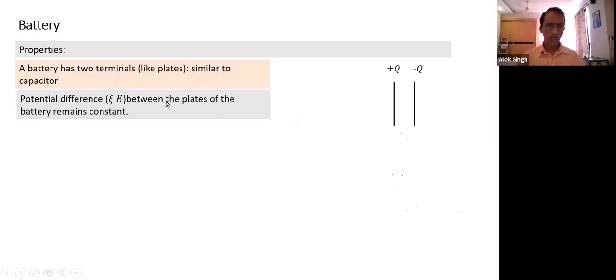It looks like E, but a very curvy shape. We use E because it is the potential difference between the terminals of the battery. We use another term called EMF, electromotive force. It's a misnomer because it's not a force. It's a potential difference between terminals. But still we continue to use that term. What is the EMF of the battery? The EMF of the battery is nothing but the potential difference between the terminals of the battery.